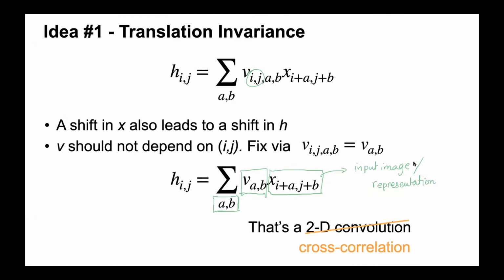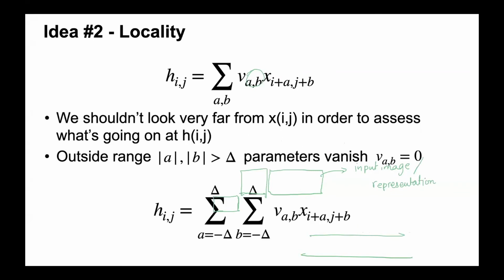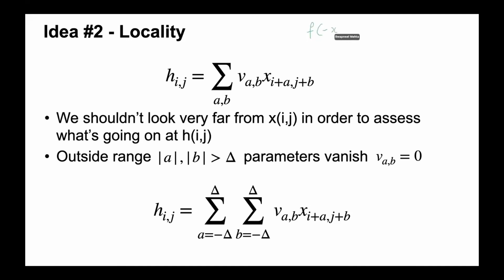And the reason this is a cross correlation and not a convolution, and I didn't know this, so this was very interesting to learn, is because convolutions are actually negative. Maybe it doesn't spend time on this in the slides, but the idea was convolution goes for f of minus x and g of x, something like that.